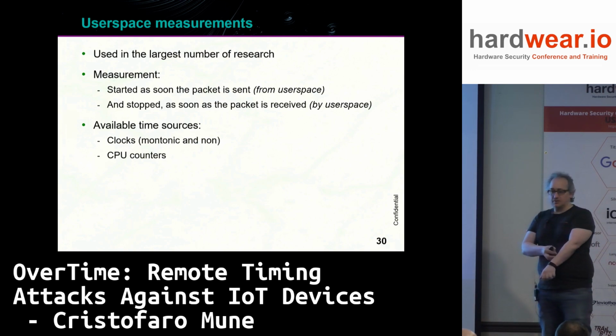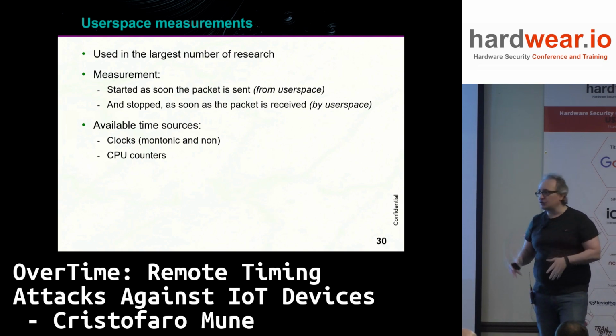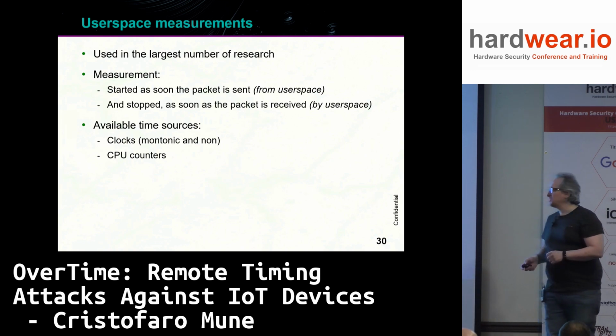Recently the kernel also introduced nanosecond precision for the clock. But unfortunately, the clocks are not intended to provide this precision in a stable way. There is no guarantee that they don't drift. There is no guarantee that they will stay stable for a certain amount of time.